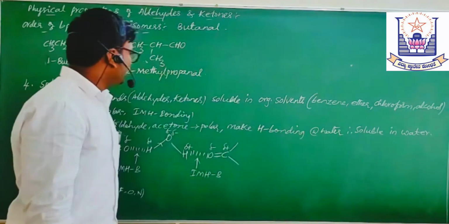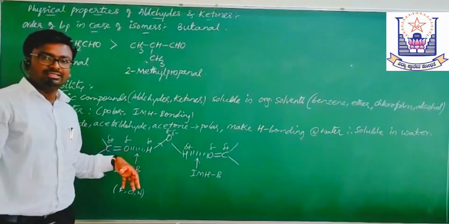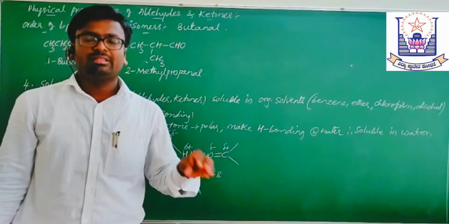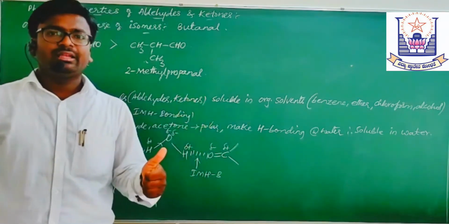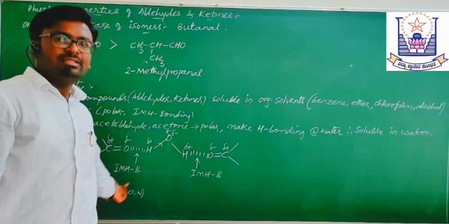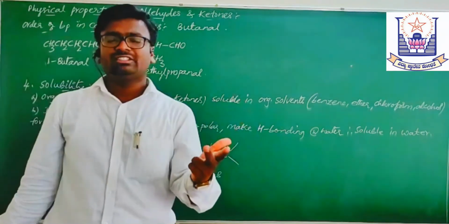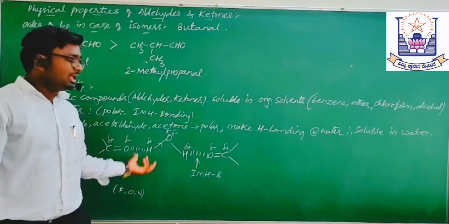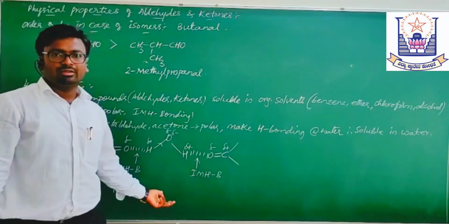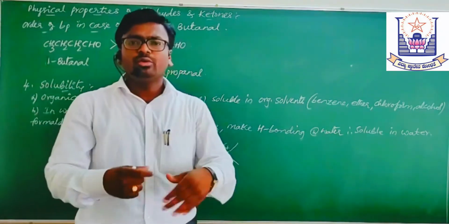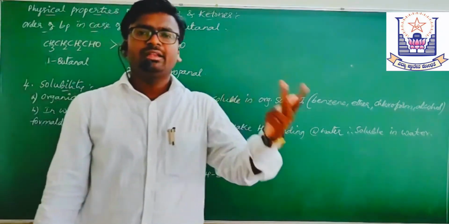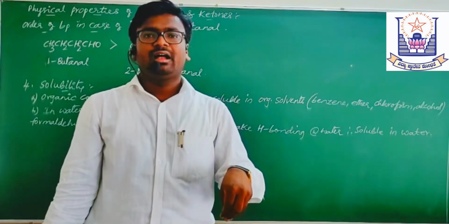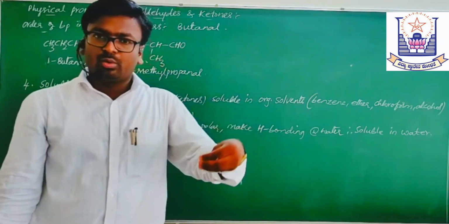This is all about the solubility of aldehydes and ketones. The lower members, such as formaldehyde and acetaldehyde in the case of aldehydes, and acetone in the case of ketones, are soluble in water because they are sufficiently polar and make hydrogen bonding with water. When you go for propionaldehyde, butyraldehyde, pentanaldehyde, these have less polarity and the hydrocarbon part is larger.